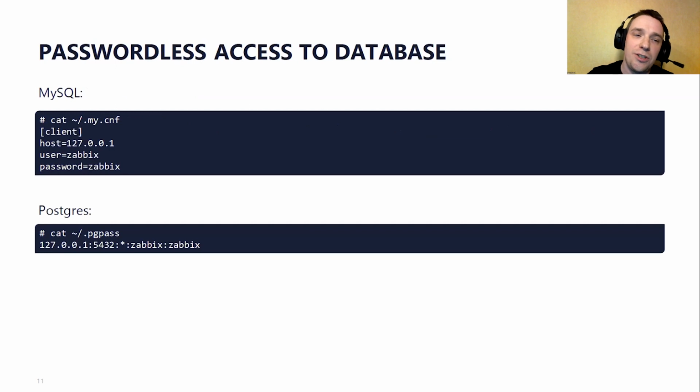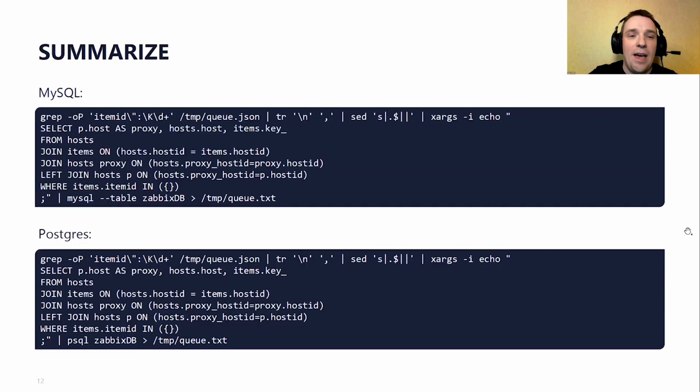This is an optional step. I just recommend it, so you don't have to type the username and password all the time in the client utility. We can set up passwordless access, and these are approaches to do that. Now, some sort of bash snippet. I'm not crazy proud of it, but it does the job quite well.